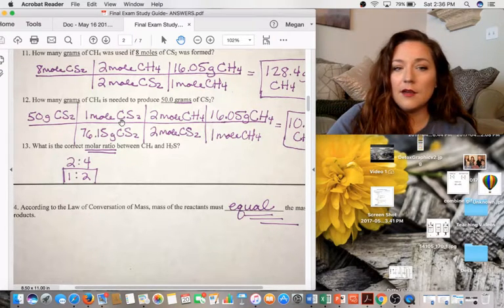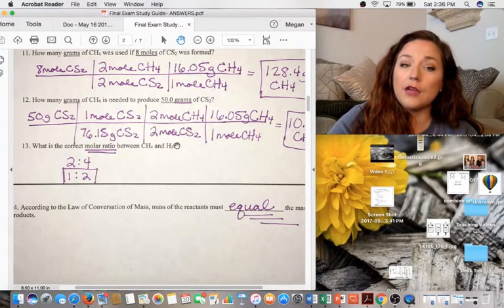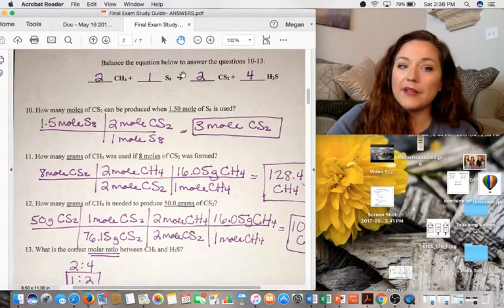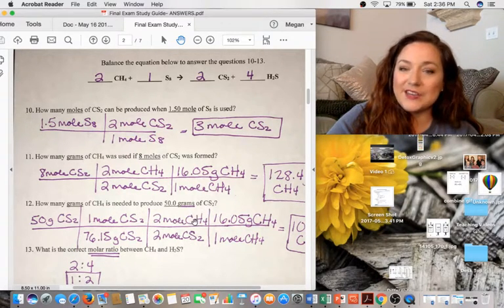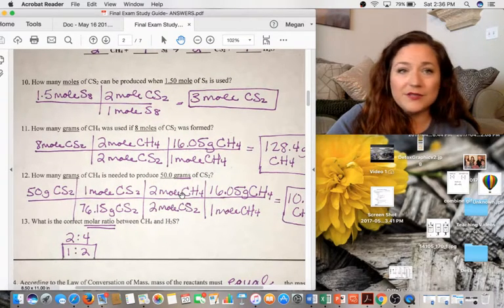Then I want to do a mole ratio. I look at my balanced equation and I see that CS2 has a 2 coefficient and CH4 has a 2 coefficient, so it's a 2 to 2 ratio. Now, moles of CH4 is not what I want. The grams are.